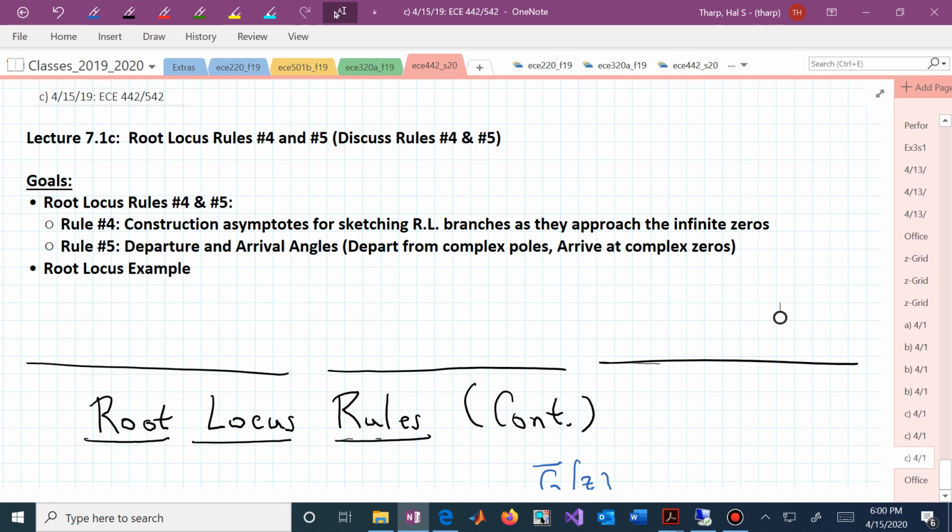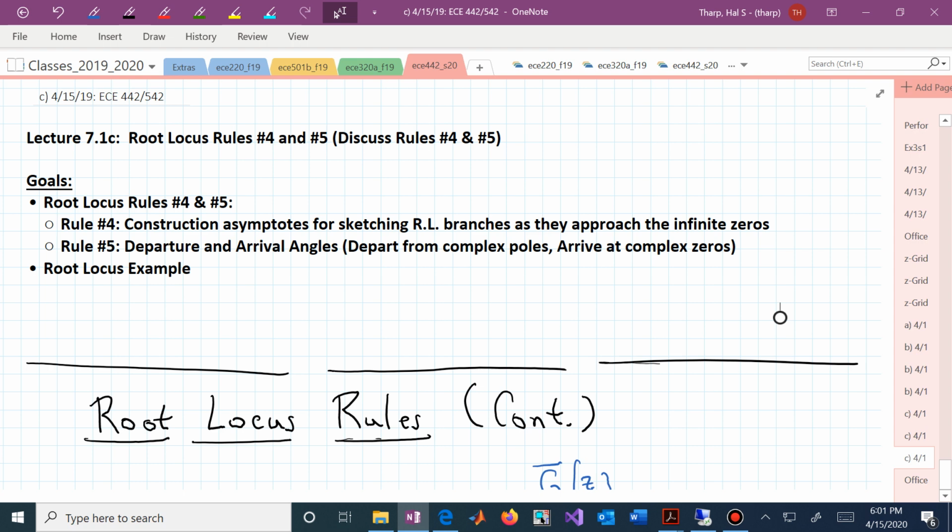These are helping us sketch the root locus by providing us with asymptotes or guidelines to show the direction and the location where our root locus branches that are going off to these infinite zeros need to be going. And rule number 5 is how we depart from complex poles, or how we arrive at complex zeros with these branches of our root locus.